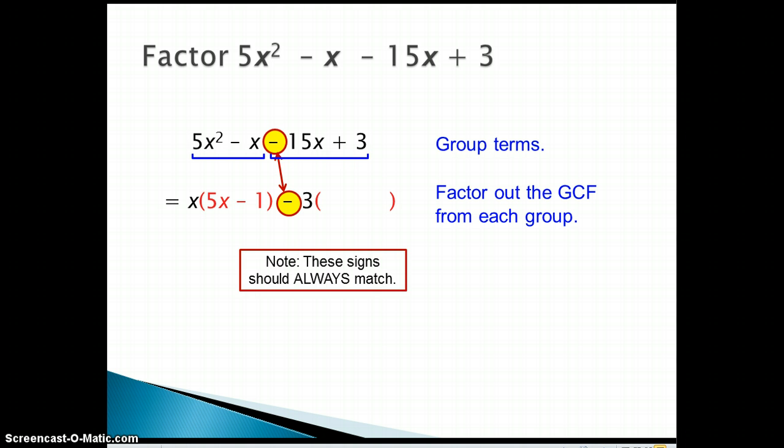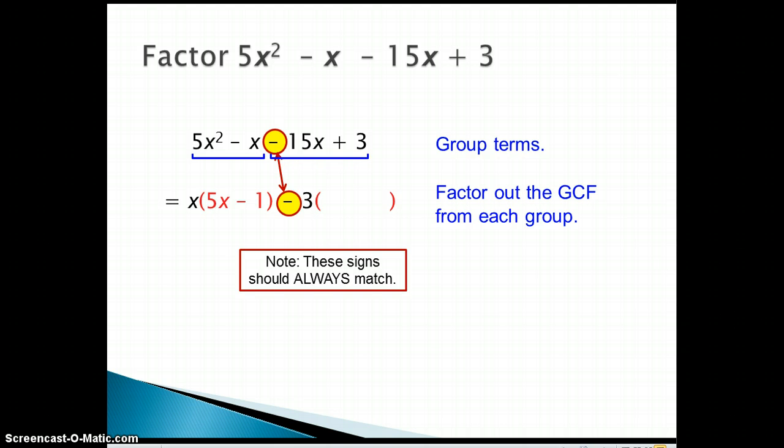Those signs will always match. If you look back at the last example, that sign was positive, and so we pulled out a positive GCF. Since we have a minus sign in front of the second group, we need to pull out a negative GCF. Those signs will always match.